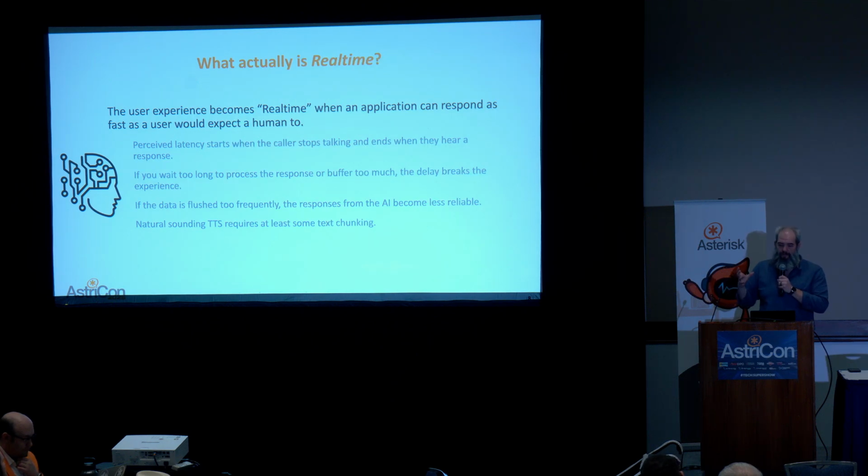You have to assemble sentences for your text-to-speech engine to read, because otherwise you just get individual words with no nuance or inflection between the normal sentence structure. So you are going to have to do some kind of text chunking, unless you really want to talk to a robot.